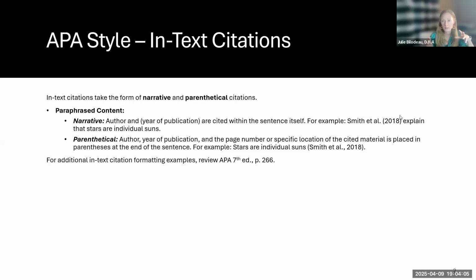There are always going to be APA rules that you're going to have to look up, but the more that you can commit to easily incorporating into your work, the better and easier it'll be for you. So all of this is obviously in the APA manual. Some of these items are also in the dissertation handbook, and then many of them, if not all, are on the APA style guide online.